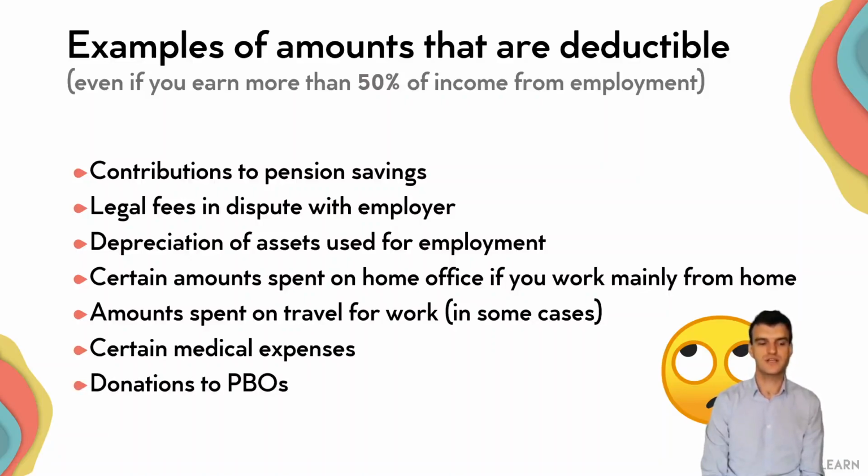We are going to look at each of those examples in more detail later in the course and show you exactly how you can utilize those expenses in order to minimize your taxable income and claim a nice rebate back from SARS at the end of your tax year.